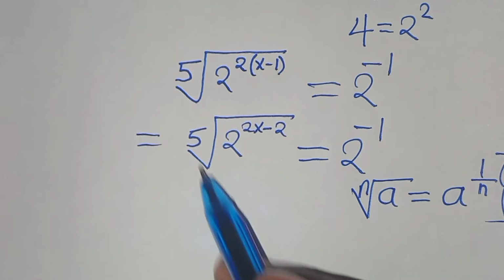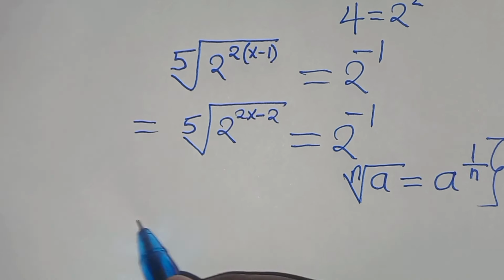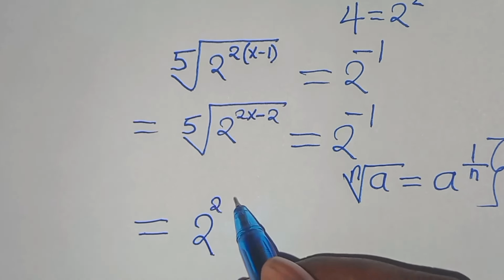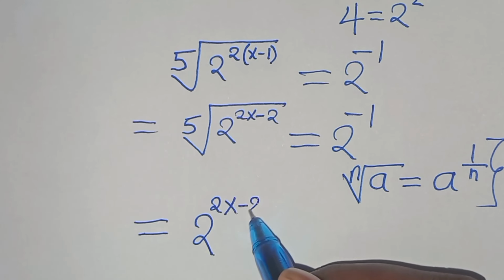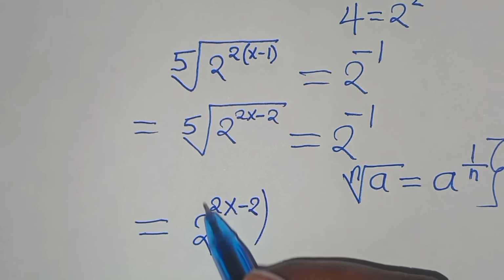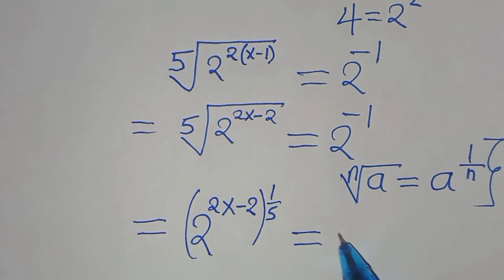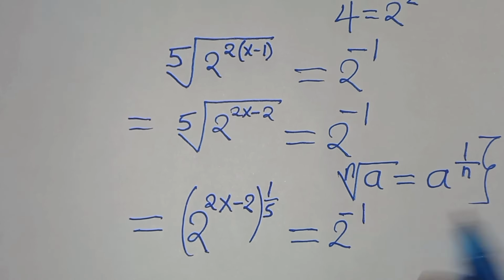N in this case is 5. So now we can express this as 2 to the power of 2x minus 2 raised to the power of 1 over 5. This is equal to 2 to the power of minus 1.